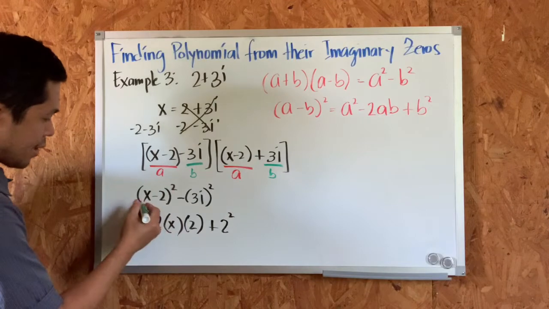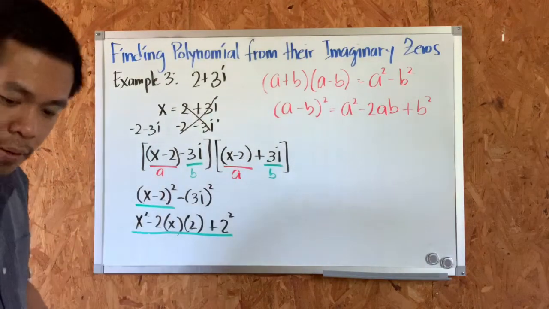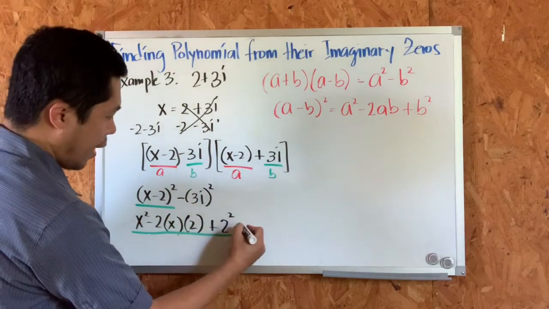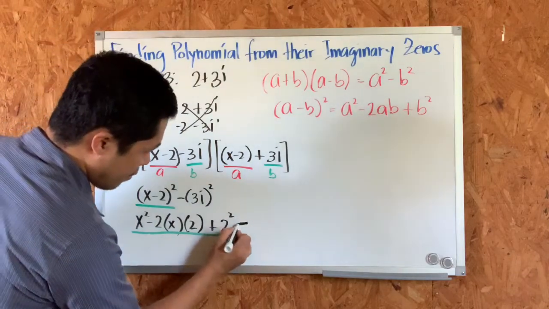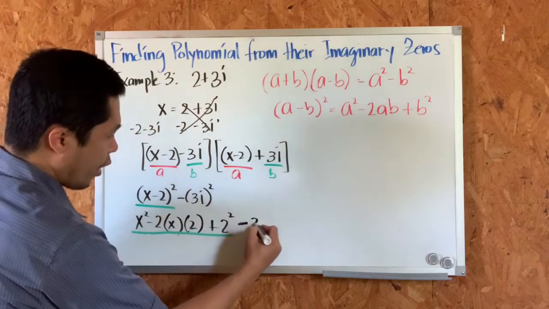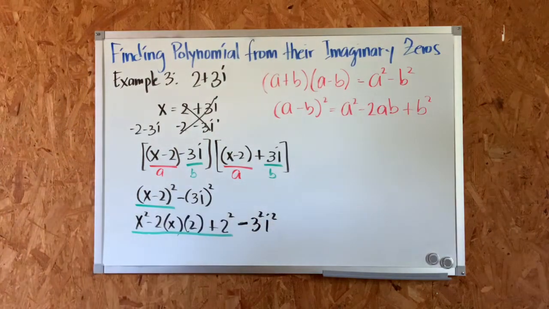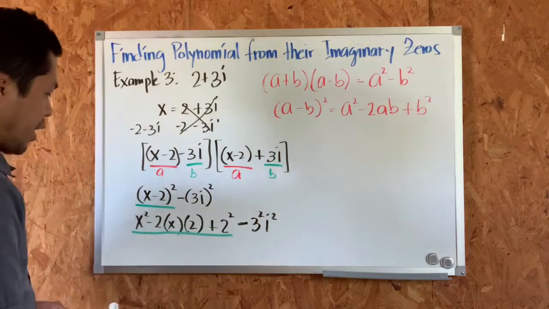Okay, this is equal to this. And then minus 3 squared i squared. So we can simplify this further.